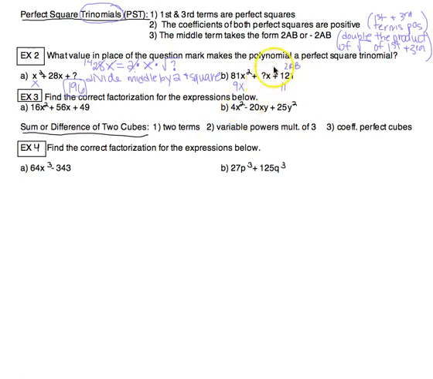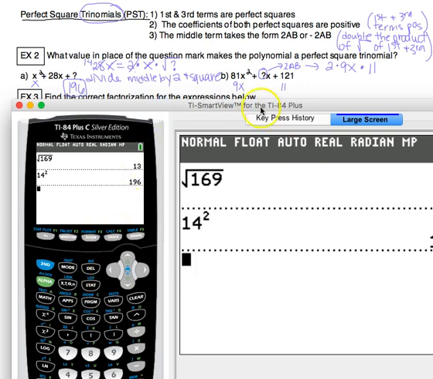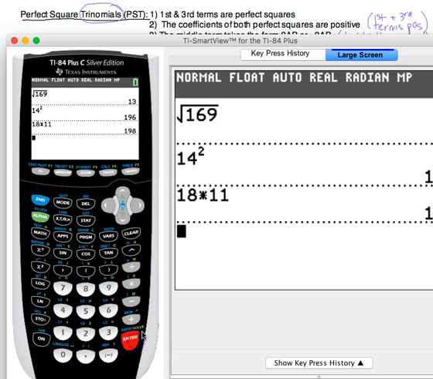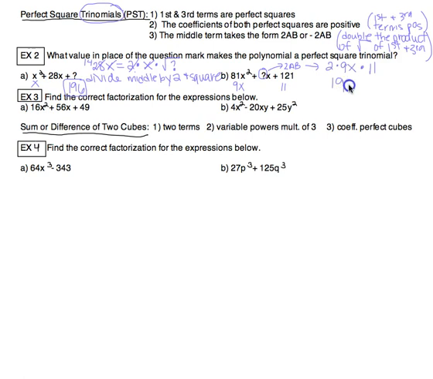So I know that my question mark, which is going to be 2ab, is going to be 2 times a, the square root of the first term, so 9x, times b, the square root of the third term, which is 11. So I have 2 times 9x times 11. So 2 times 9 we know is 18, and then 18 times 11 gives us 198. You don't need the x because the x is already written. So just 198 would be my answer there.